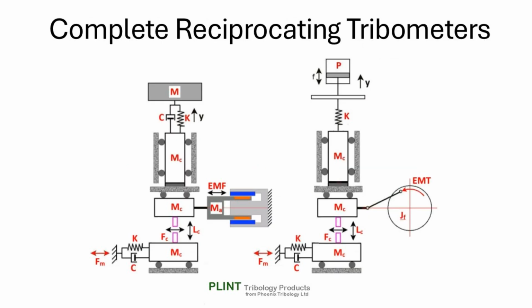This is how reciprocating tribometers might be modelled. Load and force measuring systems are usually decoupled with these machines, and low inertia, heavily damped loading systems are preferred. Dead weight loading systems can only sensibly be used at low reciprocating frequencies.